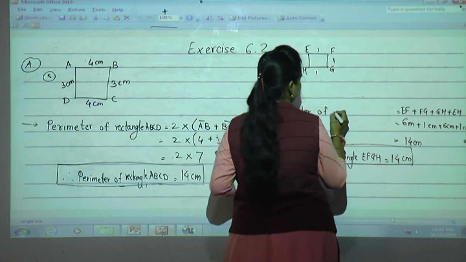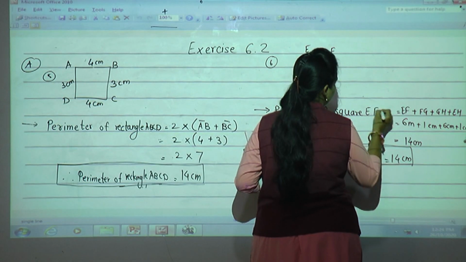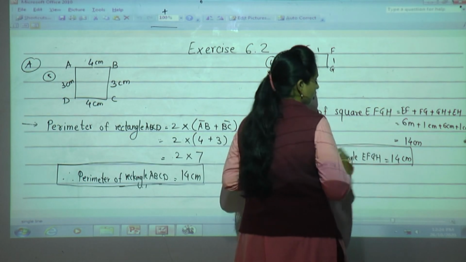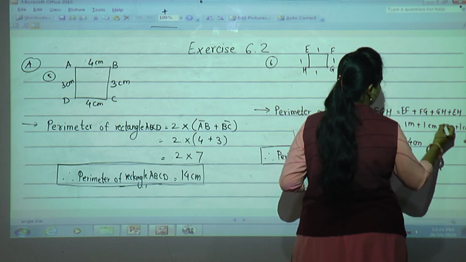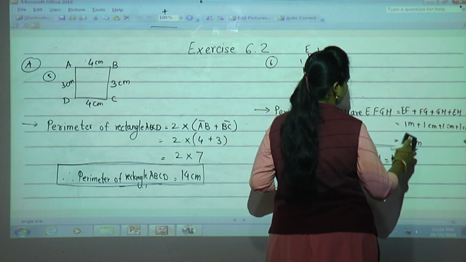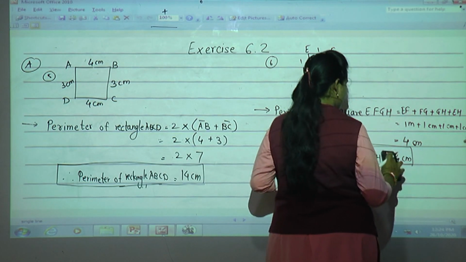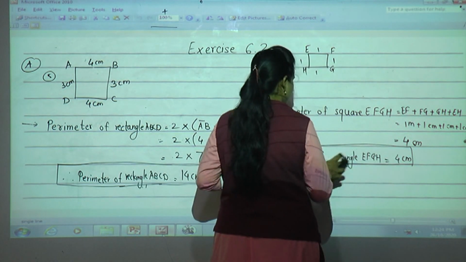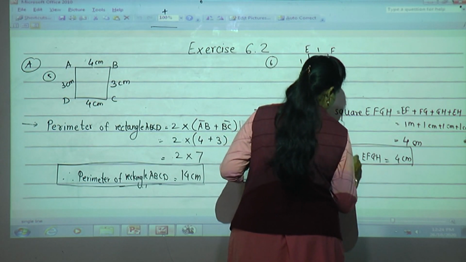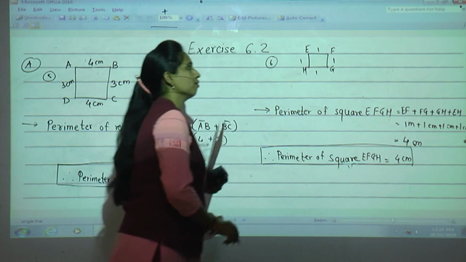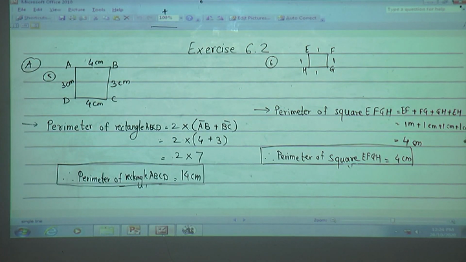So write your perimeter of square EFGH. Now what are the centimeters? 1 centimeter plus 1 centimeter plus 1 centimeter plus 1. How much together? 4 centimeter. So the perimeter of square EFGH is 4 centimeter. Okay?